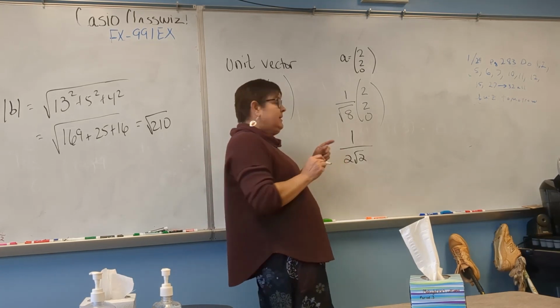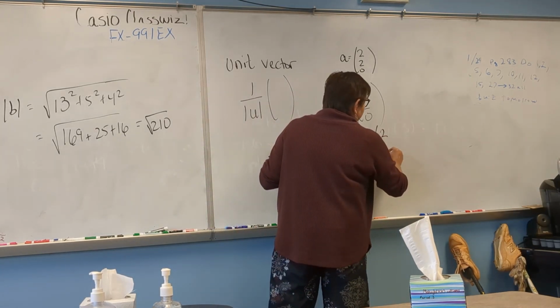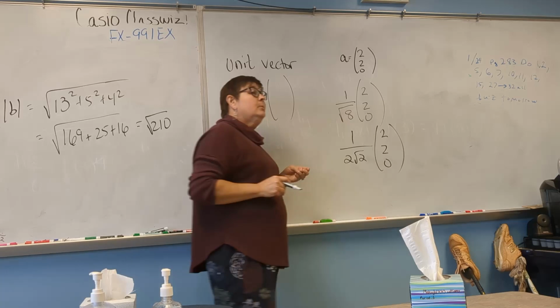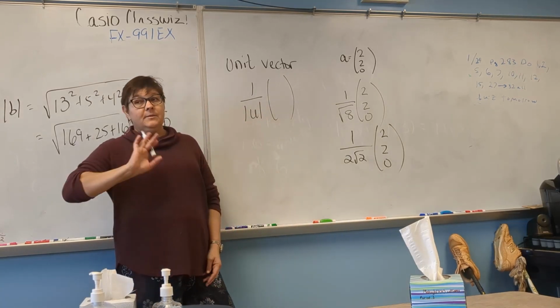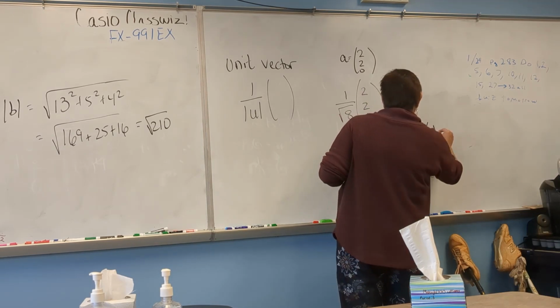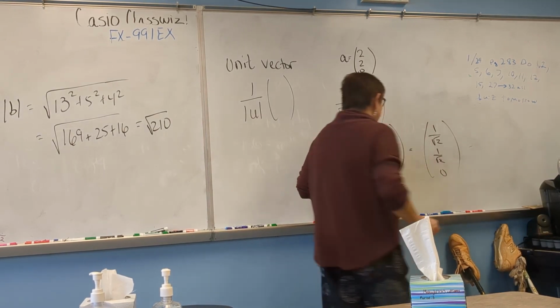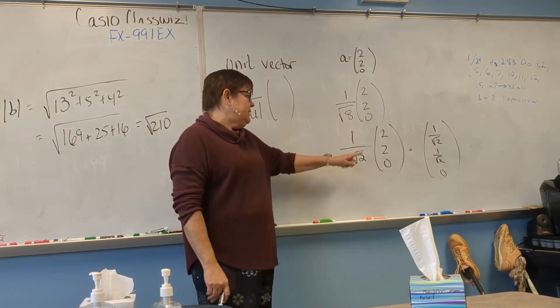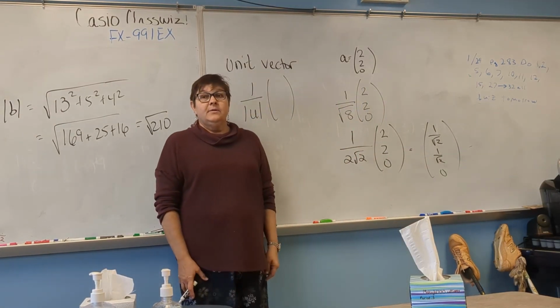Is everybody cool with that? And I would be multiplying it by 2, 2, and 0. If I cleaned it up, which I don't have to, do you agree it would be 1 over the square root of 2, 1 over the square root of 2, and then 0? Because the 2's would cancel, and 0 times anything is 0.